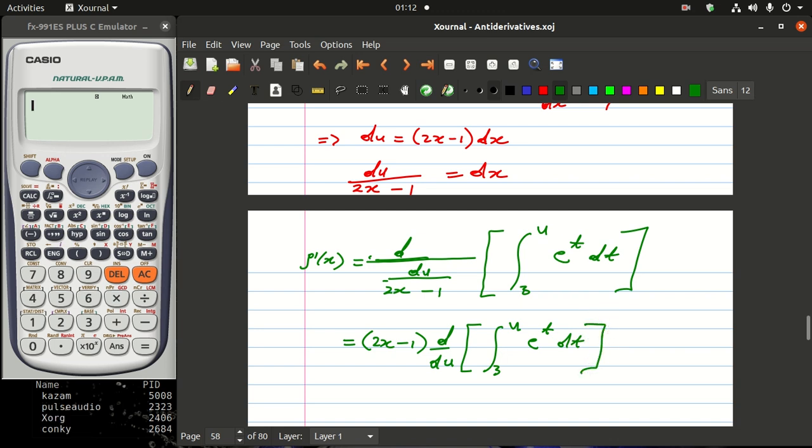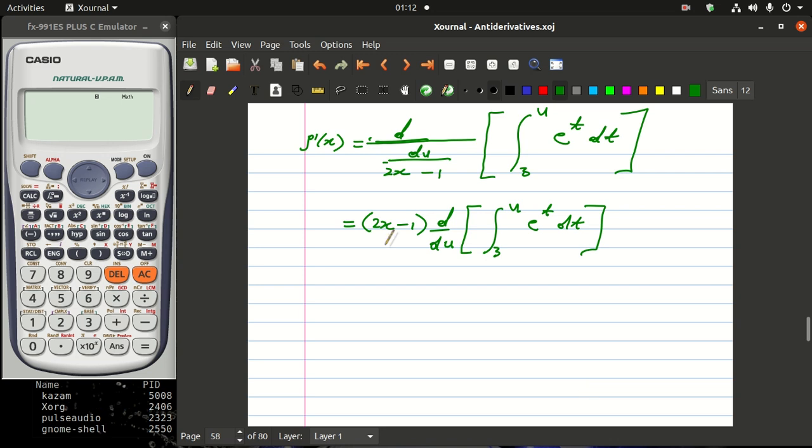And if you look into this one here, you will find out that what we actually end up having is a 2x minus 1 nicely sitting there. And then when it comes to this, you use the fundamental theorem of calculus, which says take this variable, as long as you have du and you have a u there, and just plug it there. So we'll end up having e in the value of t.